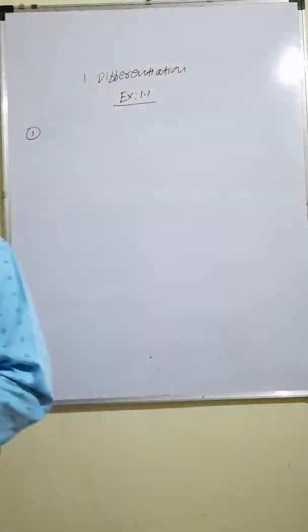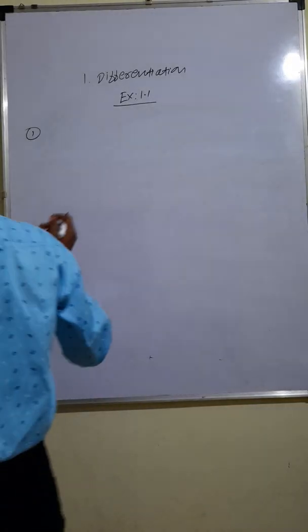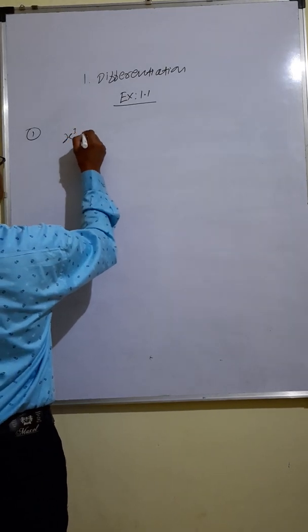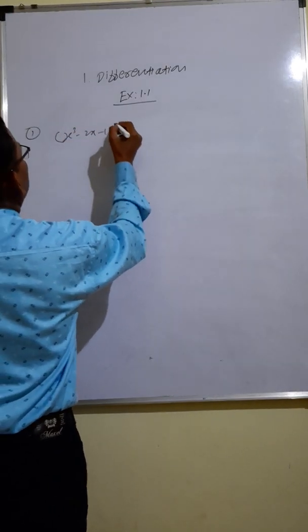The first example is x cube minus 2x minus 1, raised to power 5.